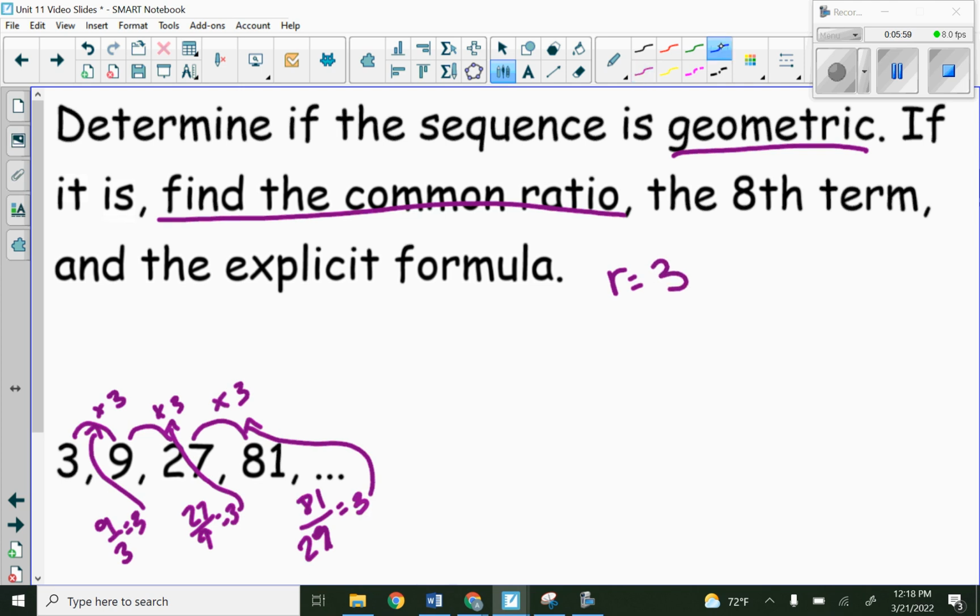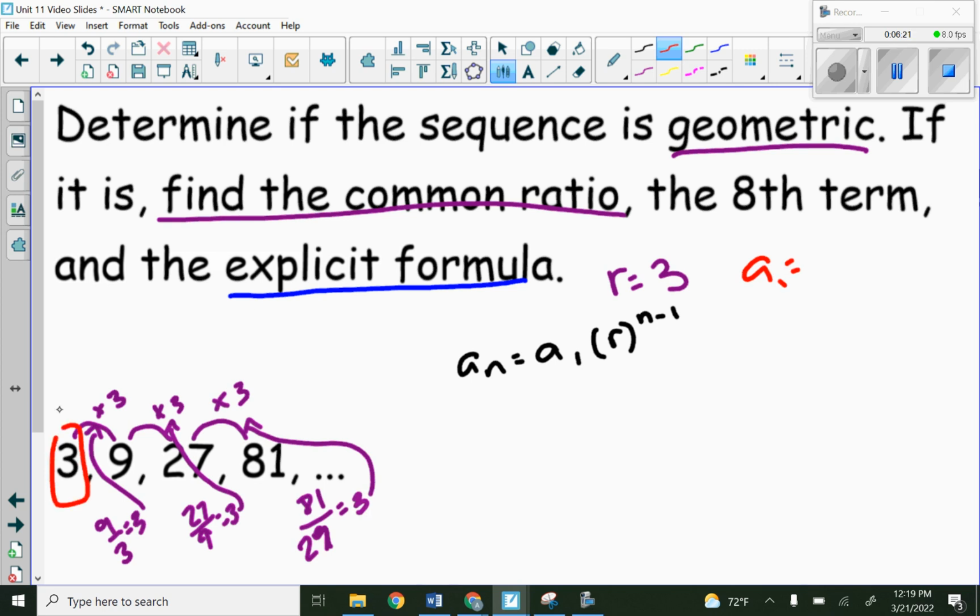So now I'm going to skip finding the 8th term and go straight to my explicit formula. Remember that is a sub n equals our first term times our ratio to the n minus 1 power. So a sub 1 is 3.